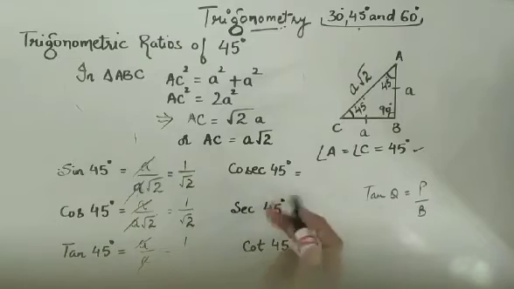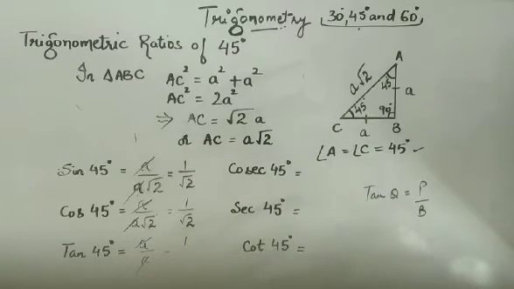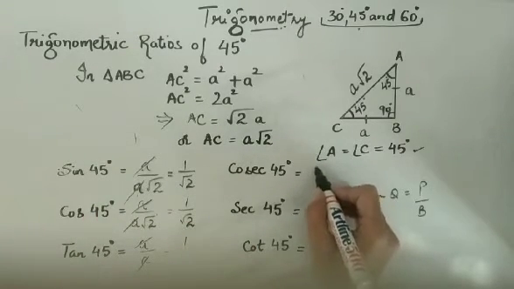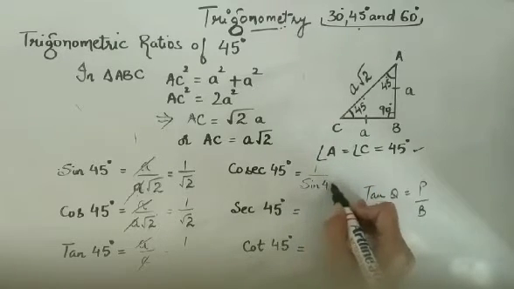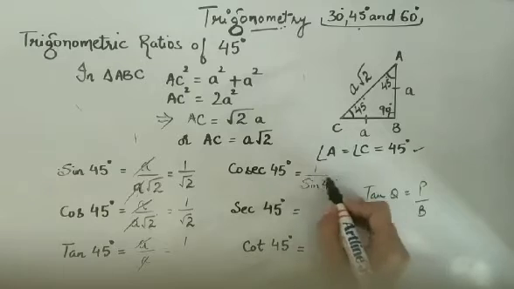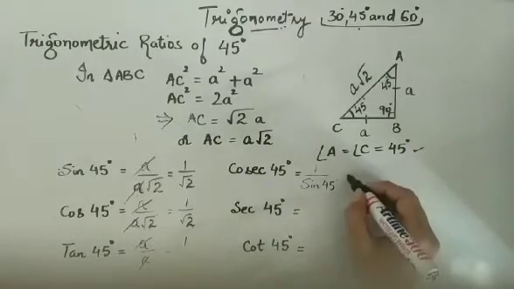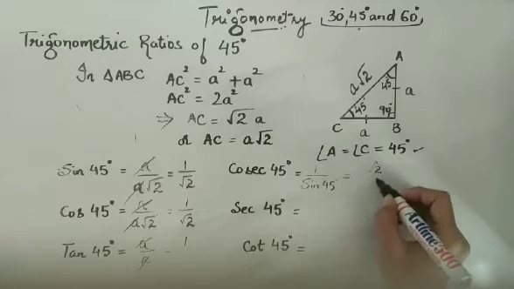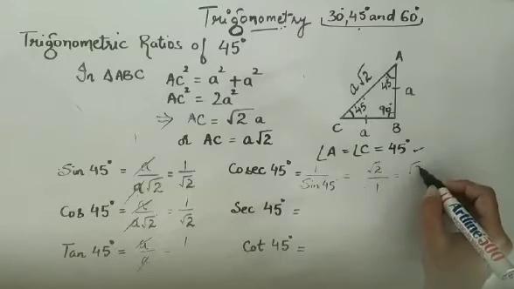Now reciprocate. Cosecant 45 would be 1 by sin 45. This would be reciprocating this value. What do we get? Root 2 by 1, or it is just root 2.